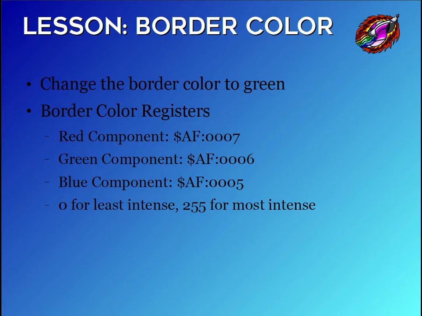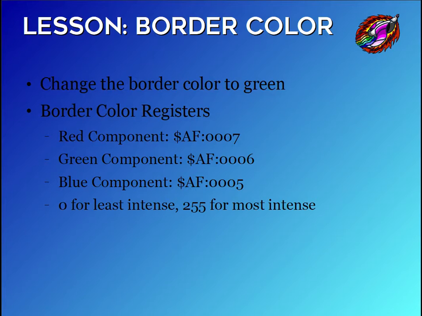Well, the Vicky chip has 3 single-byte registers in its system that control the color of the border. There's a byte for red, a byte for green, and a byte for blue. And the byte value in there tells Vicky how intense that color component needs to be in the final color.